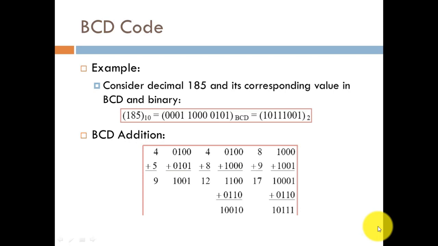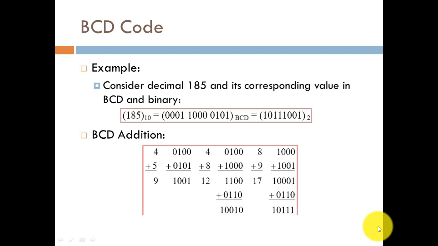Let us take another example where we have to add 4 plus 8. Here you have to keep in mind that the summation 4 plus 8 will be 12. Let us quickly understand how we will perform this addition with the help of BCD.